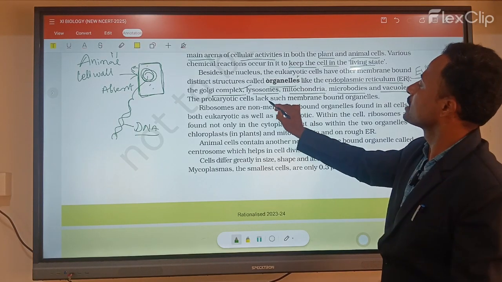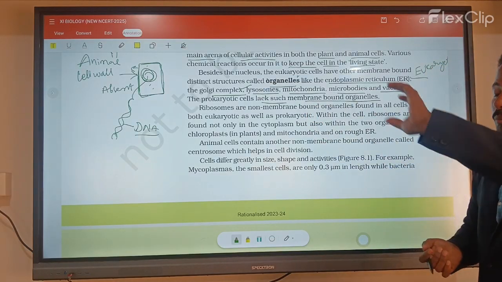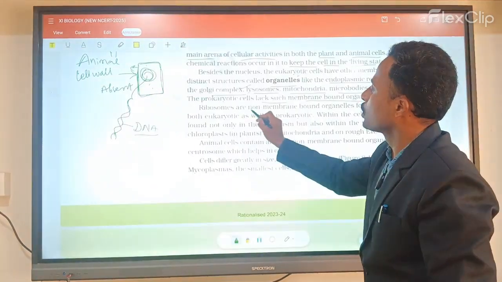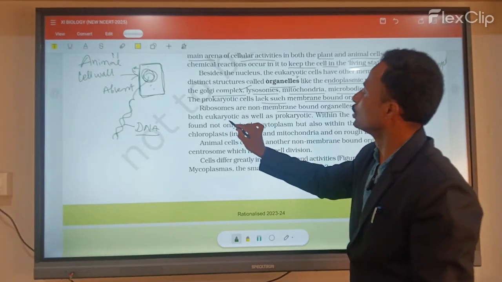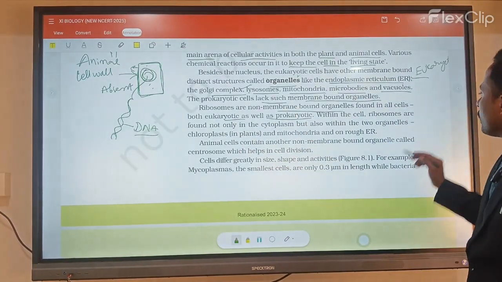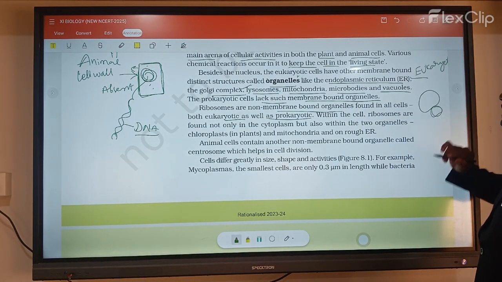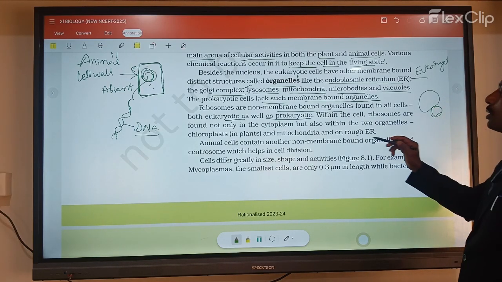The prokaryotic cells lack such membrane-bound organelles. Now, ribosomes are non-membrane-bound organelles found in all cells, both eukaryotic as well as prokaryotic.